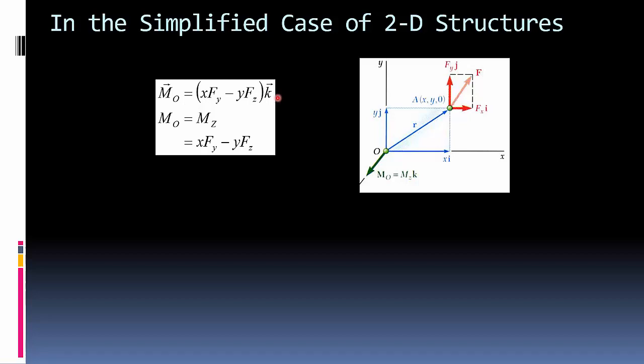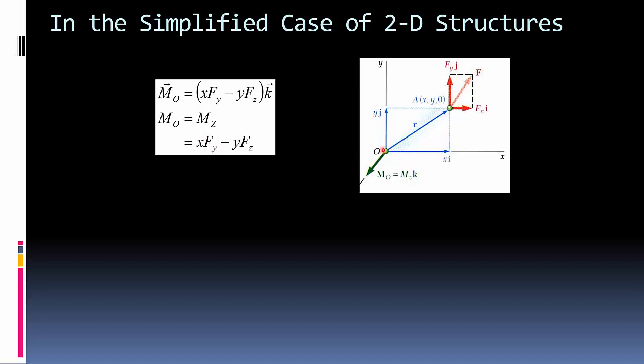However, when it is two-dimensional, we know the direction. So usually we will only talk about the magnitude of the moment, not as a vector so much as a magnitude. So we're going to say the magnitude of the moment is the z component of it. If you do the determinant, you can figure this out.